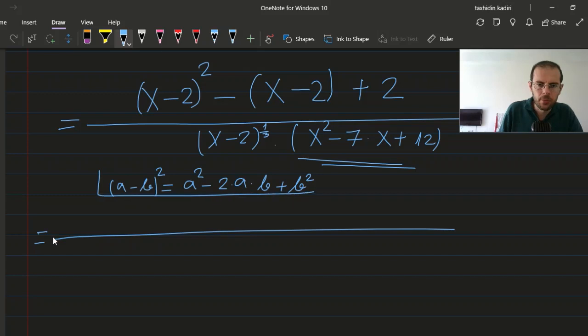This is the formula that we must use. This is a, this is b.